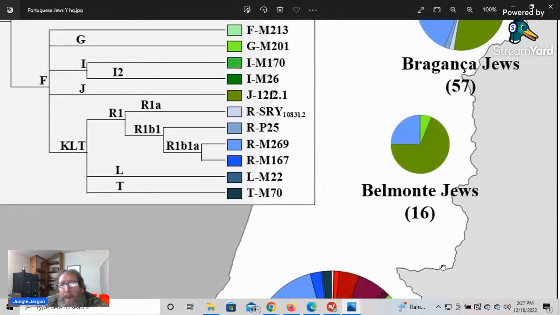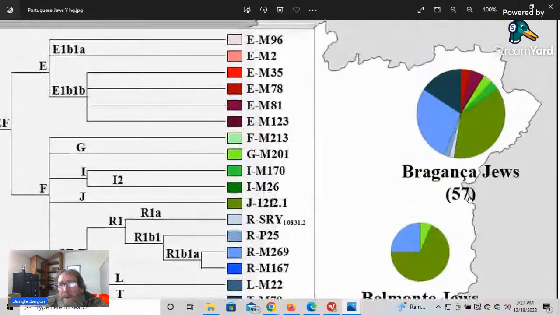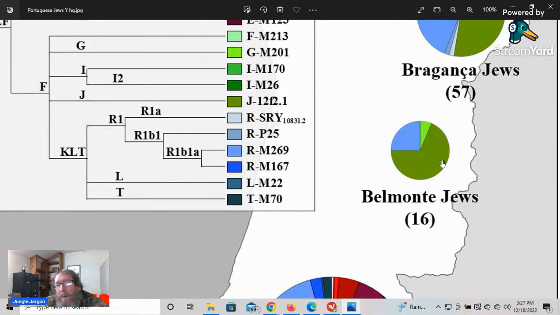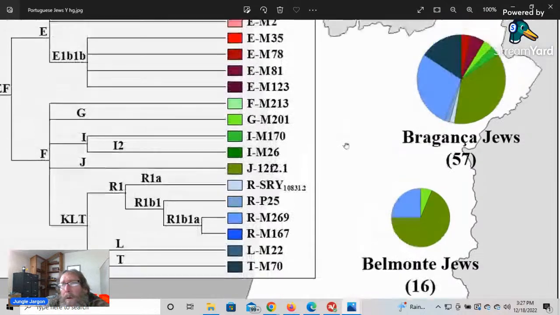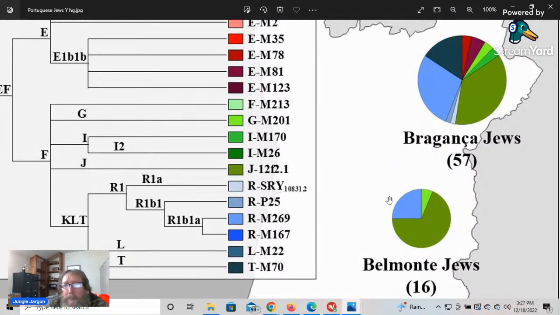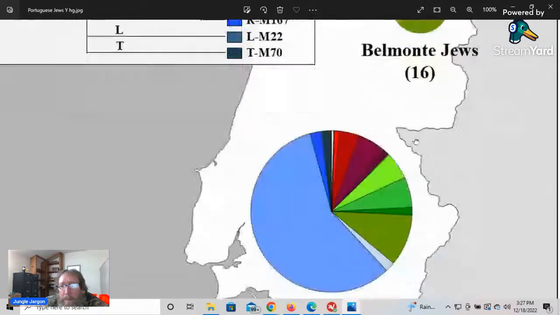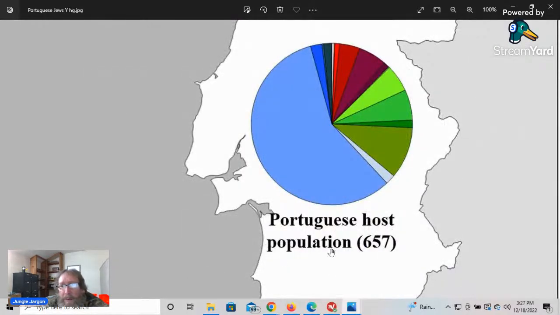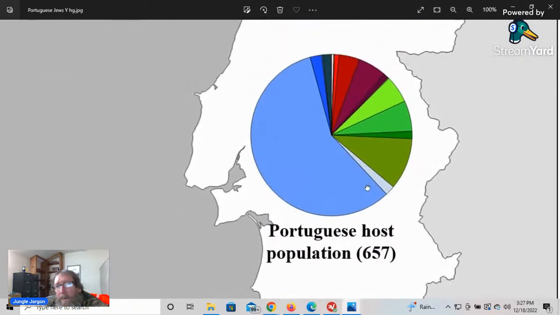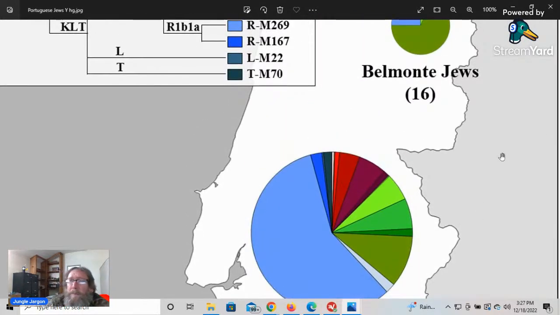And somehow maybe they had a connection with the descendants of Tarshish, the Bragança Jews, but the Belmonte Jews are 2/3 Judaic and only 1/4 is descendants of Riphath, the R1b Mediterranean population of the area. And this is the host population here. So the majority is R1b of the descendants of Riphath.